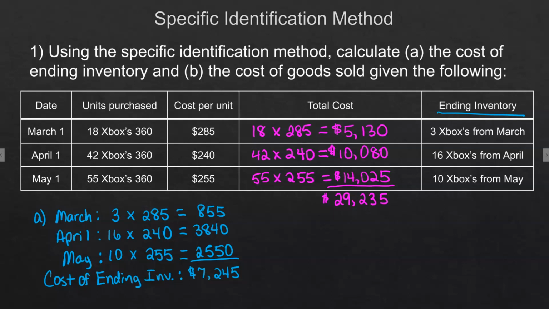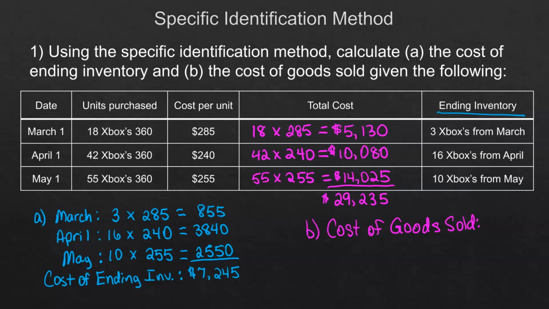And then we want to find part B, which is cost of goods sold. It just helps a lot if you understand what I'm talking about. We had a total amount for the year of $29,235, or for those 3 months whenever you're doing this inventory. We have this much left in our ending inventory, $7,245.